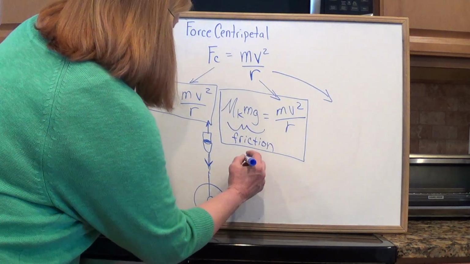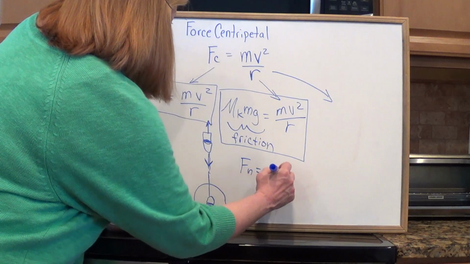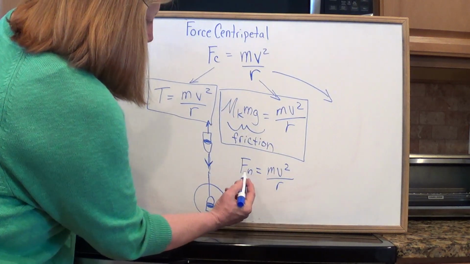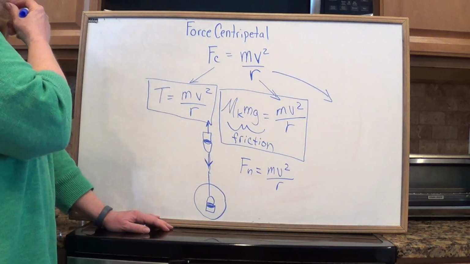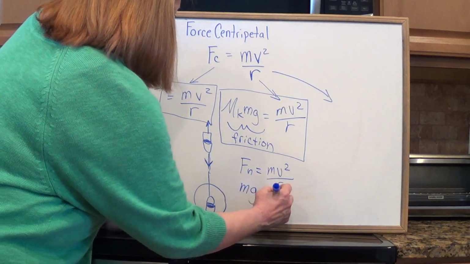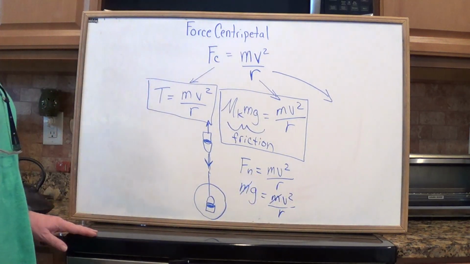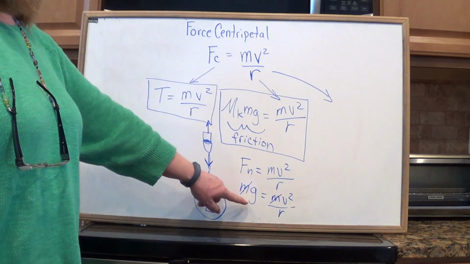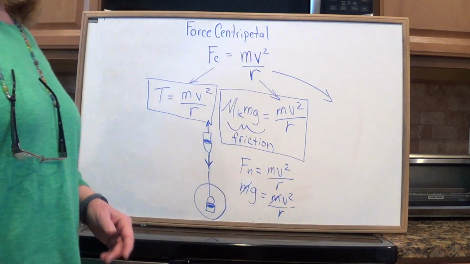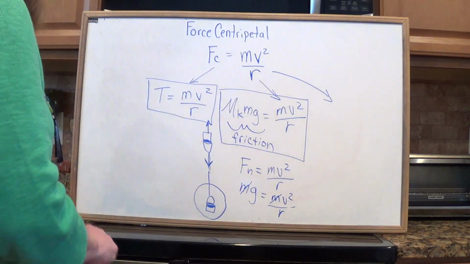So on number 5, use this formula: force normal equals mv squared over r. I don't know if it was number 5, the last one on that sheet. Force normal is, in this case, mg. Notice the masses cancel on both sides, and g is the acceleration due to gravity, 9.8. And from there, you'll be able to get the problem. You have to do that 3 different times with 3 different radii, but they're brief.